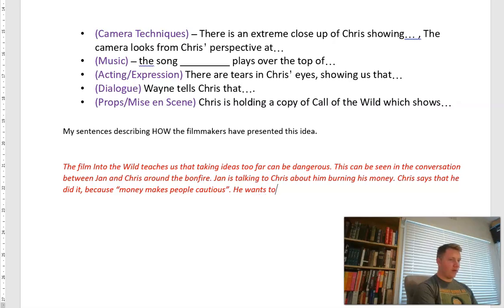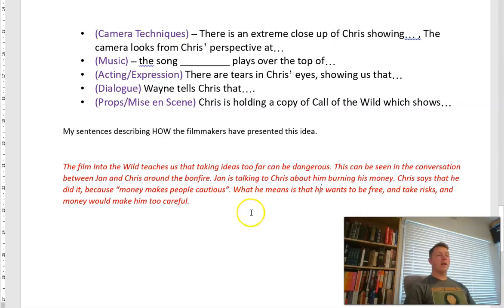He wants to be free and take risks, and money would make him too careful. I might even say here that what he means is that he wants to be free and take risks, and money would make him too careful.